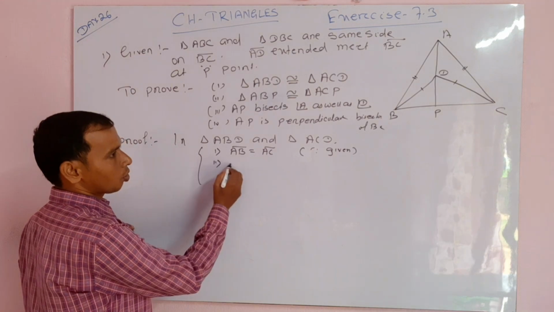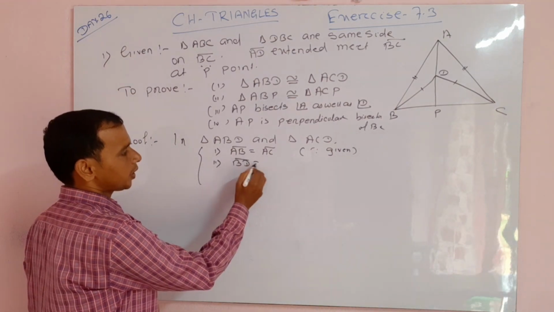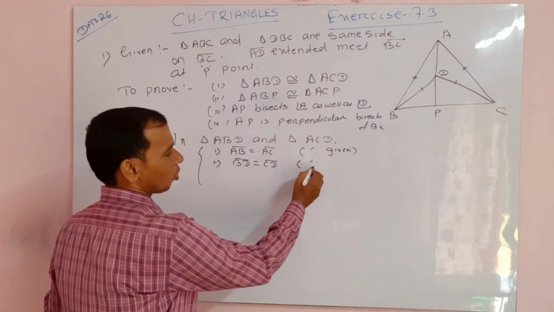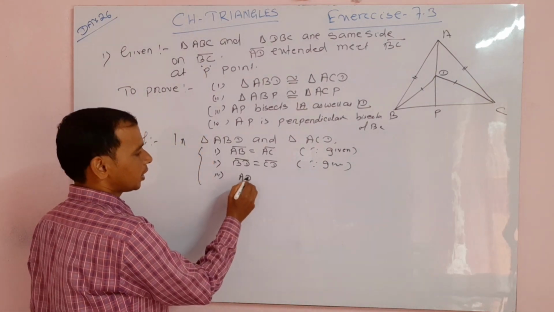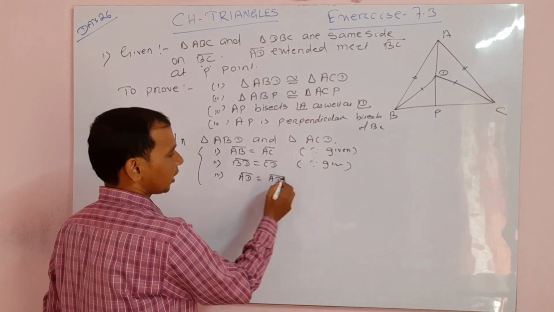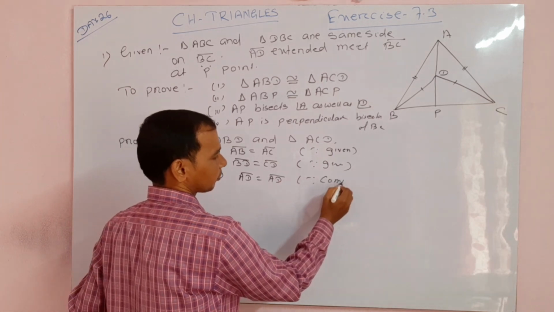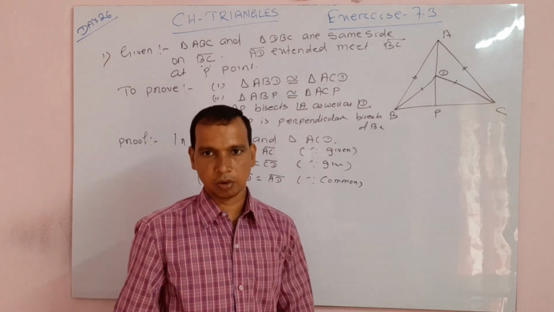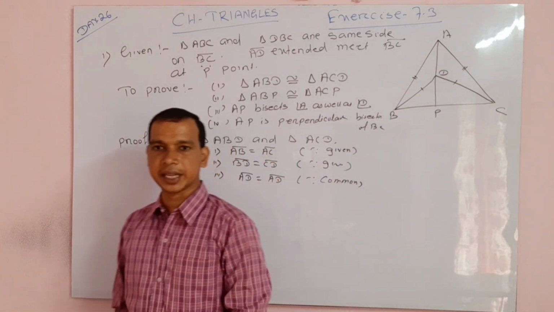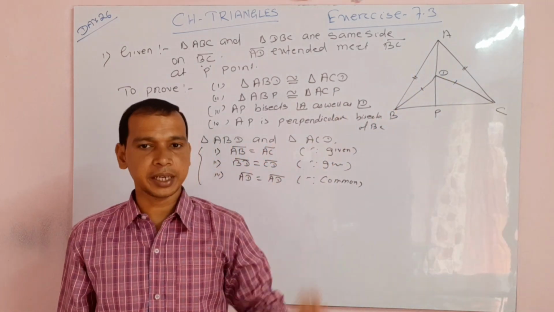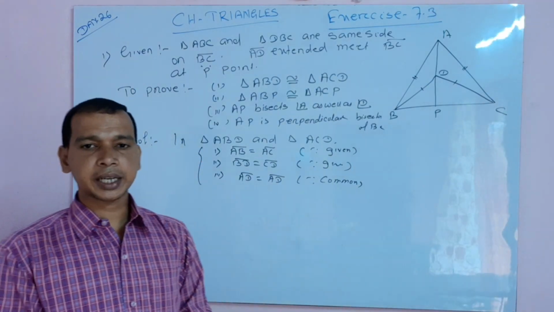Second, BD is equal to CD, also given. Third, AD is equal to AD because common. So by side congruence criteria, triangle ABD is congruent with triangle ACD.